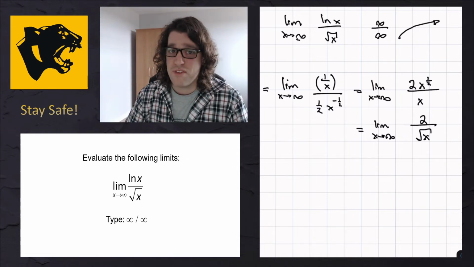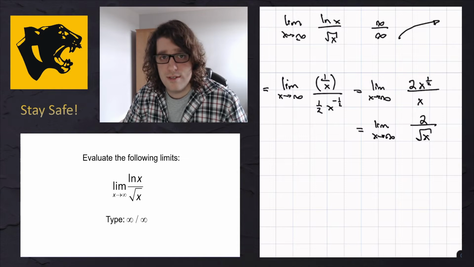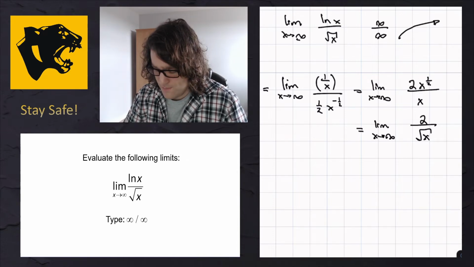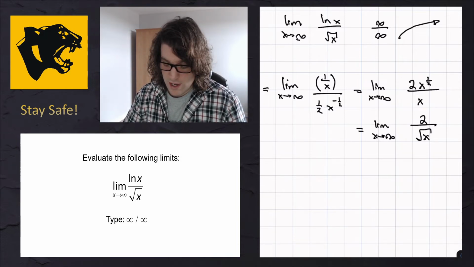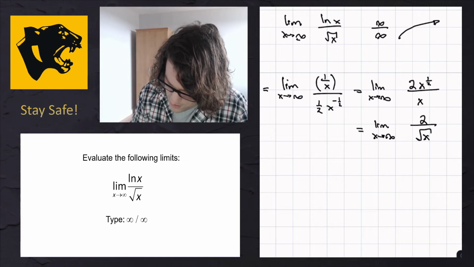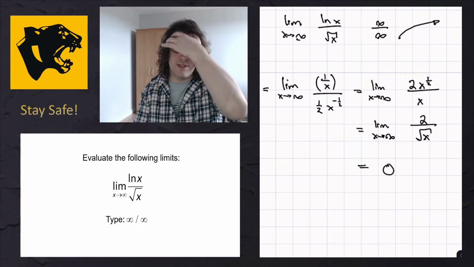All right, so this looks different than what we started with. And 2 just stays a 2 when x approaches infinity. But as x approaches infinity, square root of x is going to get really large, the same way it did originally when we had it in the denominator. So we're going to get 2 divided by something that gets incredibly large, which does give us a 0.